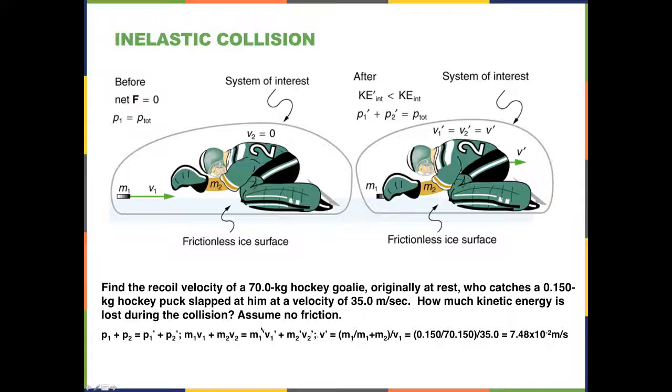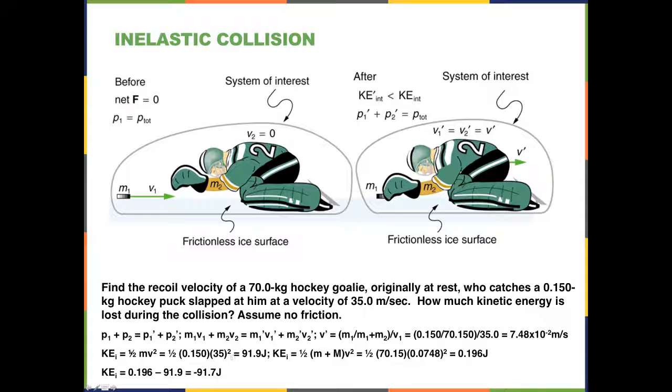Therefore, you break that down and you can calculate from this. Simplifying, you have the velocity of the goalie after he catches the puck. He catches the puck, so the new mass is equal to the sum of the two, and his velocity is 7.48 times 10 to the minus 2.